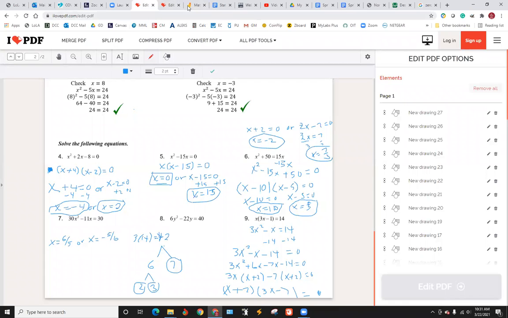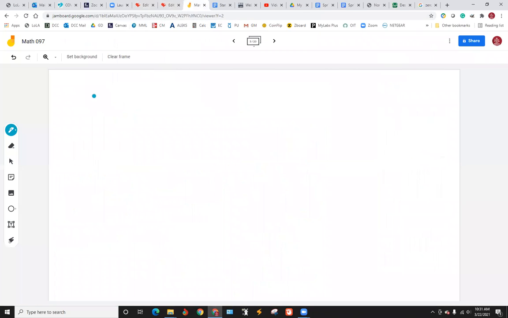So we had x is equal to negative 2. All right, so what was the original?